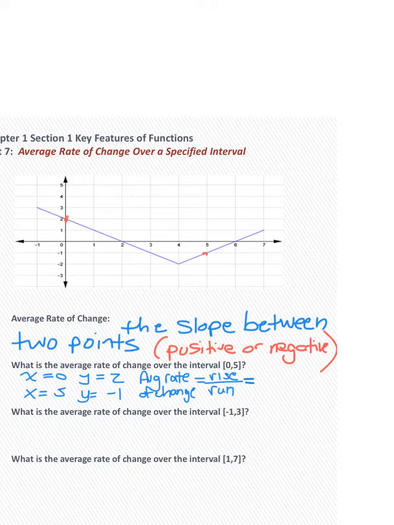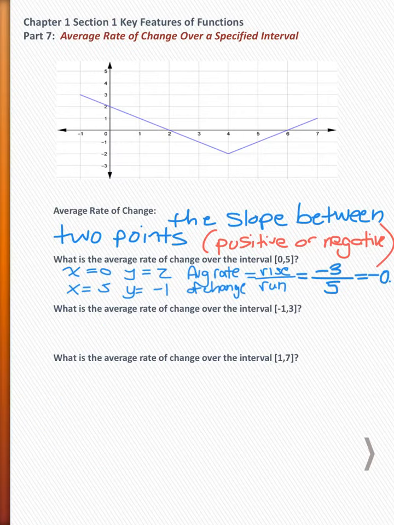If I'm going from an output of 2 all the way down to -1, my rise is actually going down 3. And my run is my change in x values, so I'm going from 0 to 5, so my run is 5. So you could leave this average rate of change as -3/5, or you can write that as a decimal if you wanted to, -6/10.